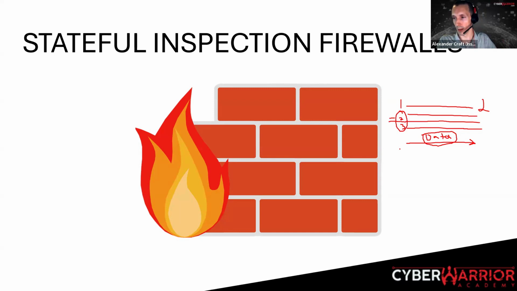The advantages of something like this: it provides better security than just the basic packet filtering that we talked about a second ago, by considering the context of the communication that's happening between those two devices. It is more resistant to things like IP spoofing, or faking what your address is and where you're coming from.